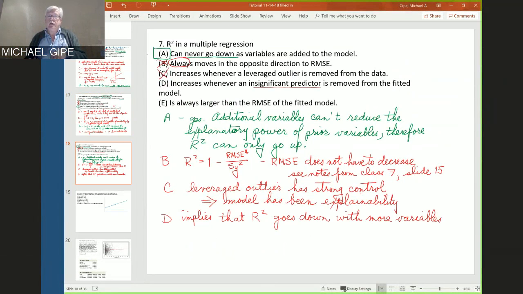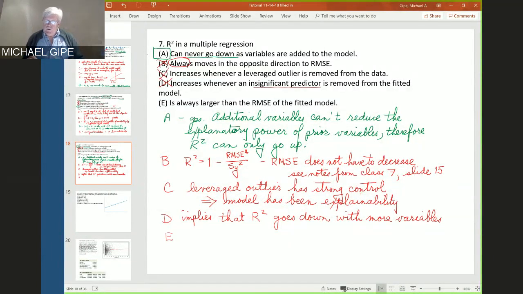And we know that can't happen. You can't put, especially an insignificant predictor X variable in there and have it remove the explanatory power of the other variables. You can't reduce them. Make sense?